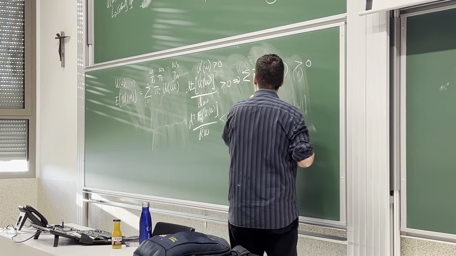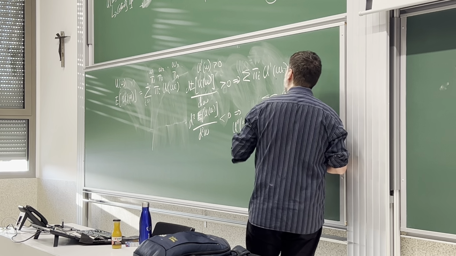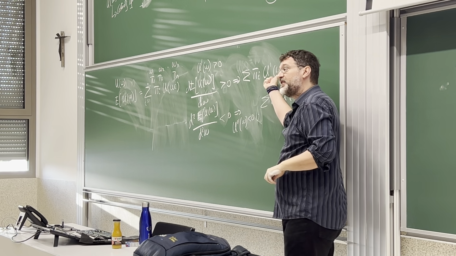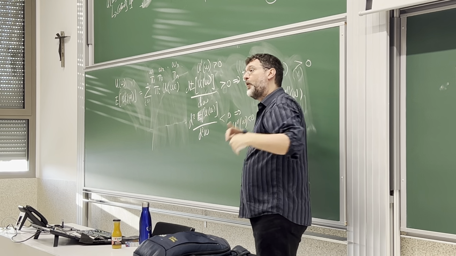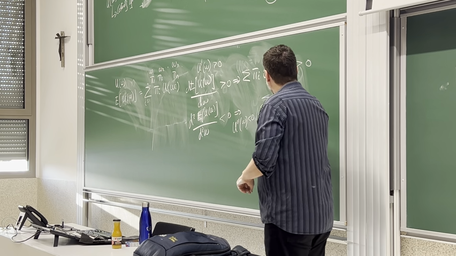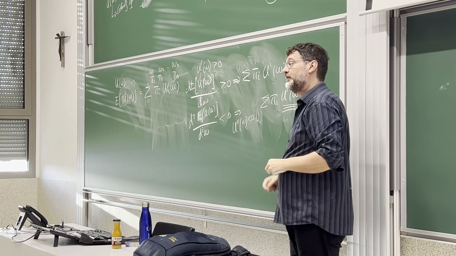Why? Because we are taking once again a weighted average. You construct the derivative of this thing, you get the sum of weighted derivatives, and that must be negative if this guy here is negative.